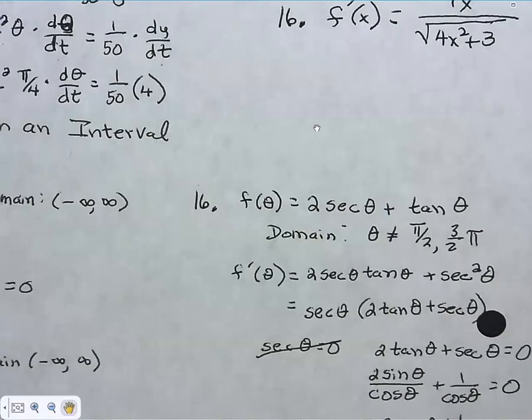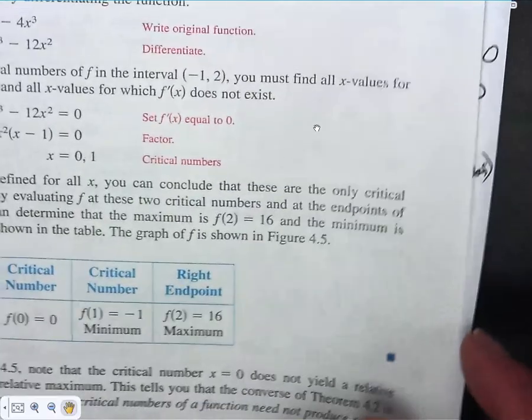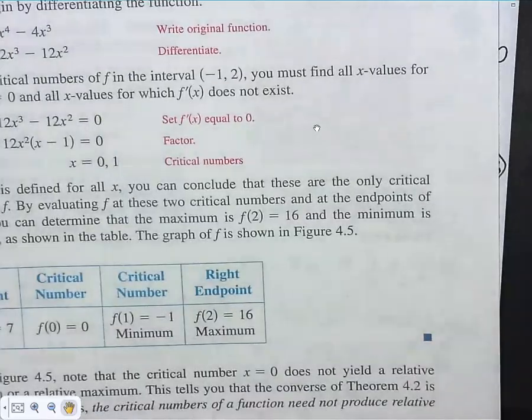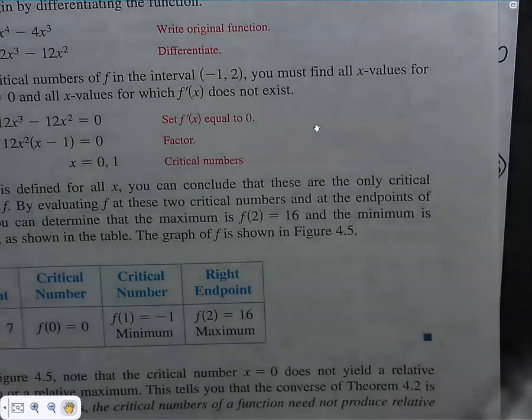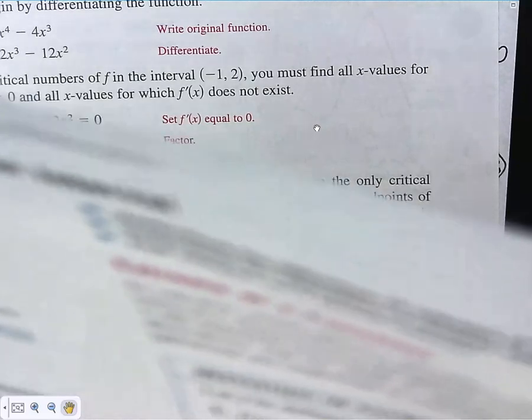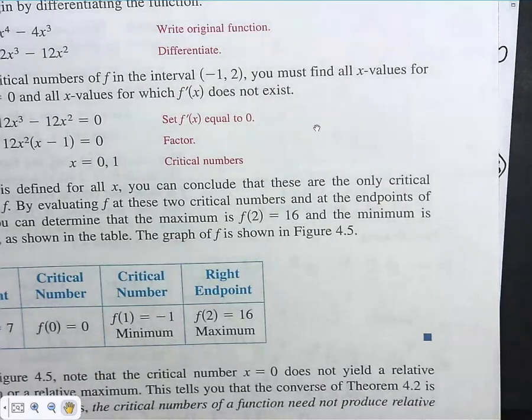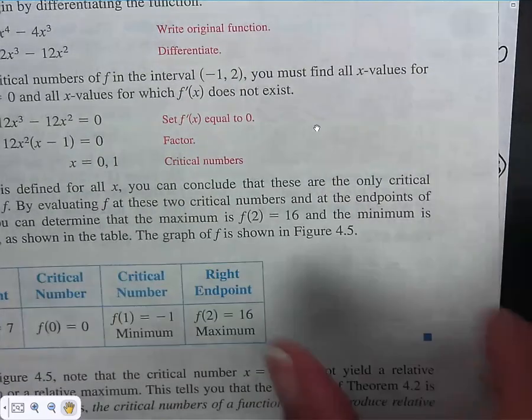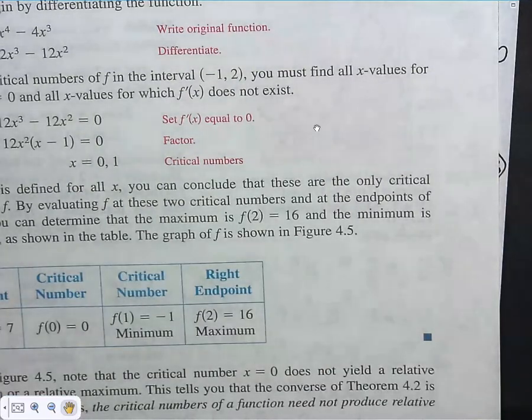All right, and the last thing. Can you show some example of why that wouldn't be true? Yes, absolutely. We're talking about somewhere there's a critical number that's not a max or min. I'm sure there's probably an example.